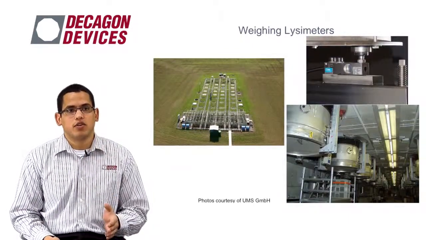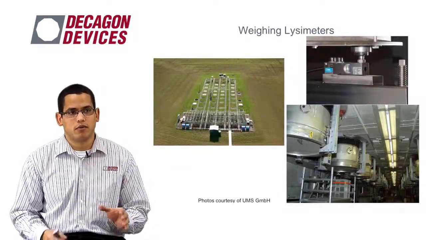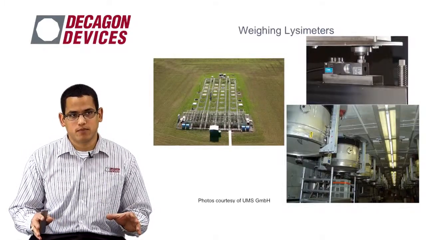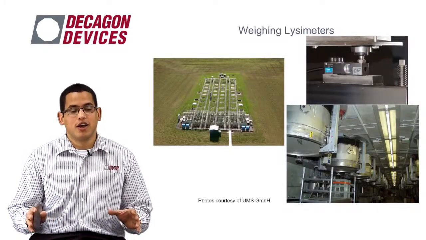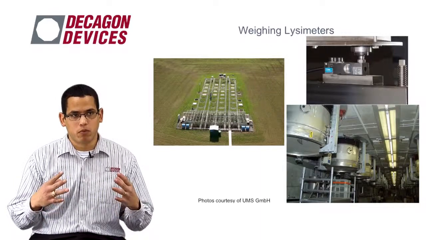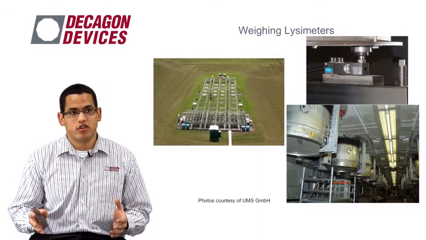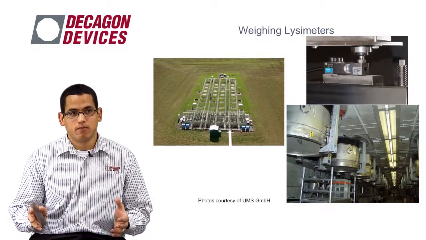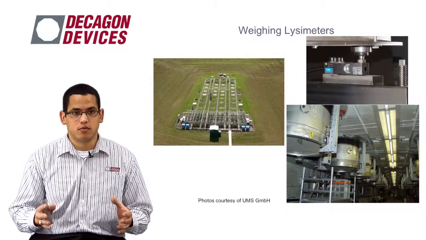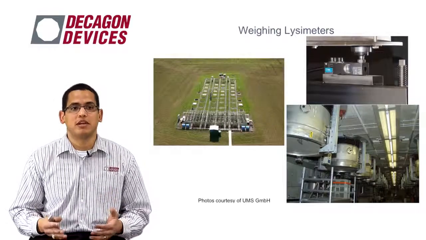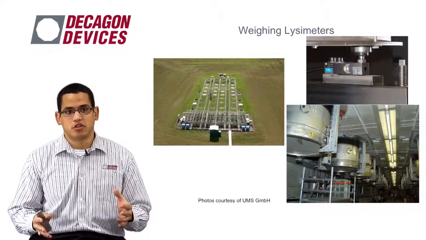And with these large research facilities with the lysimeters, they're really nice for being able to control everything within the lysimeter, and really nice to be able to maintain these lysimeters within these large research facilities.